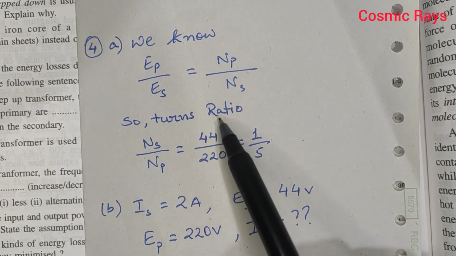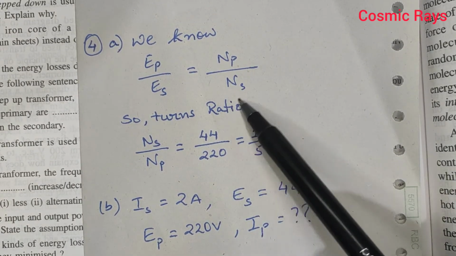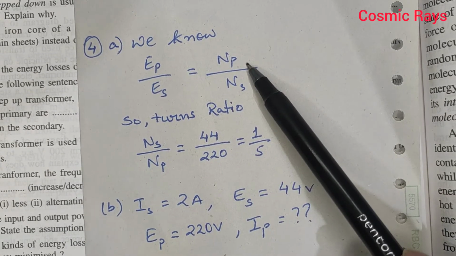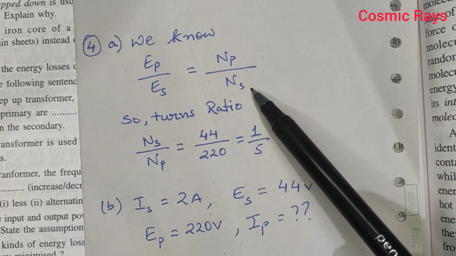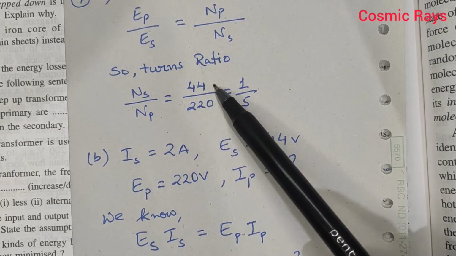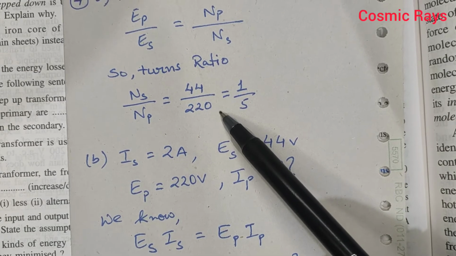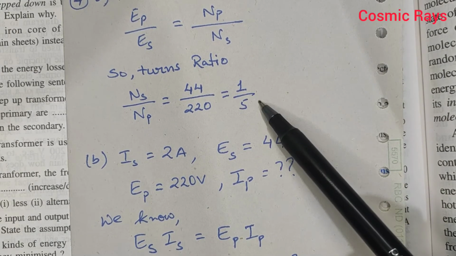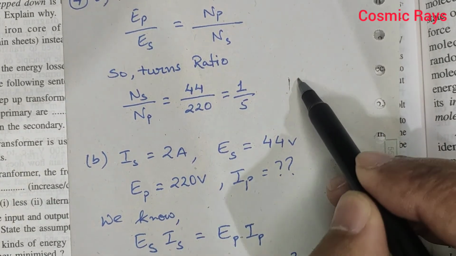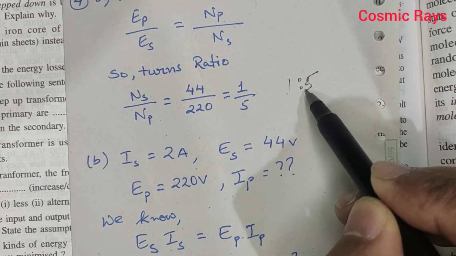So for turns ratio, this portion of the equation talks about the number of turns at primary upon number of turns at secondary. So we write NS upon NP is equal to 44 upon 220, that is equal to 1 upon 5. So the turn ratio will be 1:5.